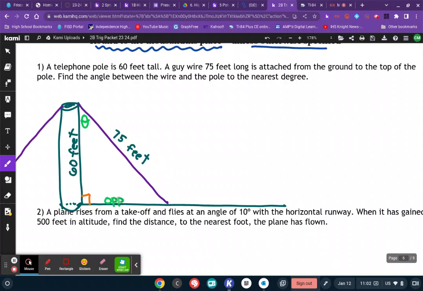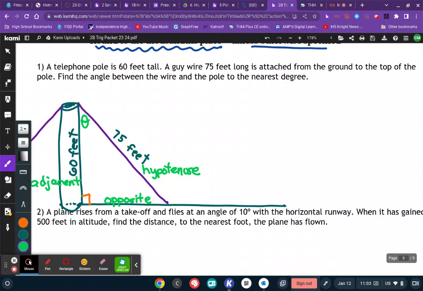Once I label my theta, I'm going to go ahead and label my sides. And then figure out what trig function I'm going to use. In this case, I'm looking for the angle measure. And I'm given adjacent and hypotenuse.